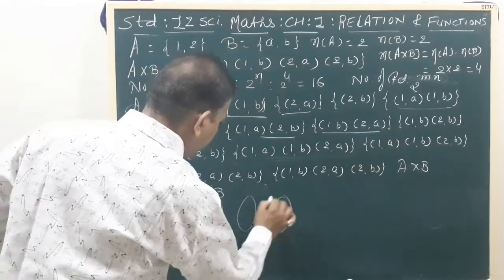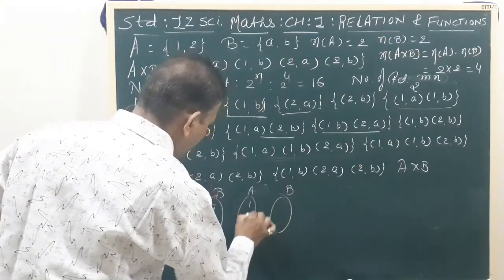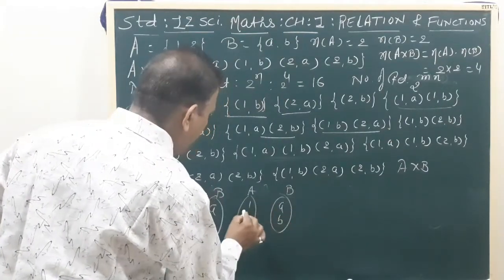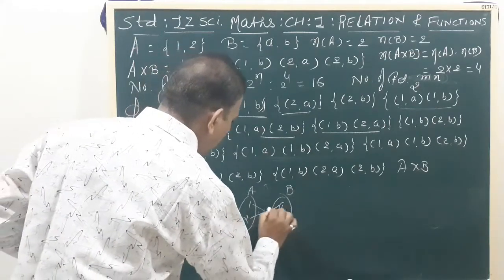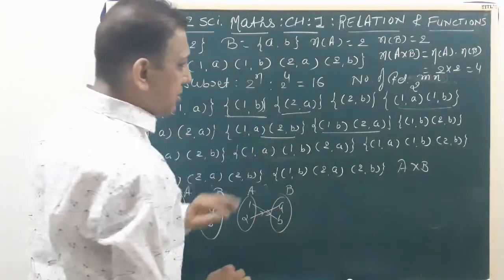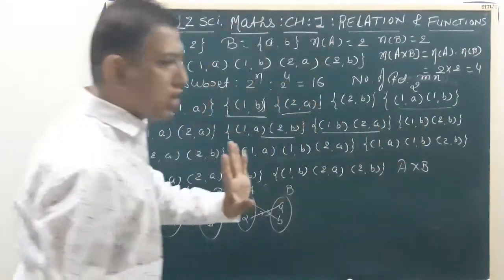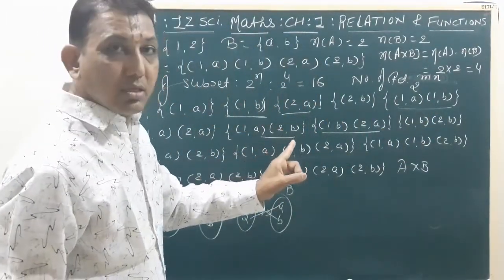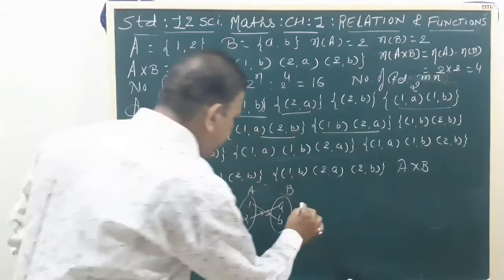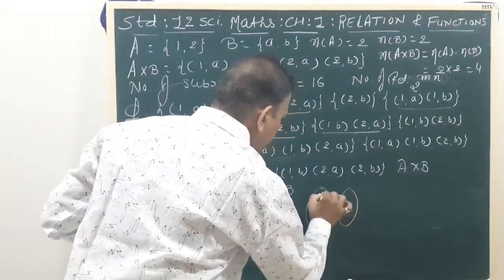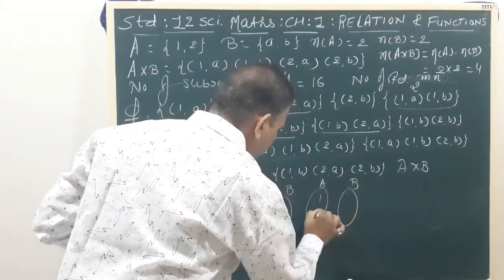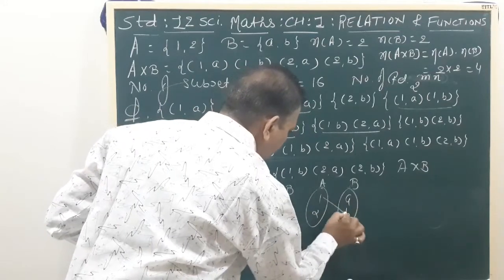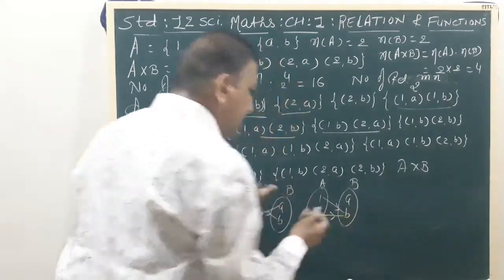Again, 1, 2, A, B. 1B, 2A. Yes, function. Now 1B, 2B, is it possible? Check it. 1B, 2B. Possible, yes.